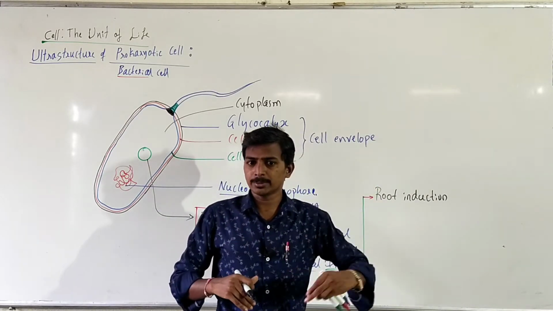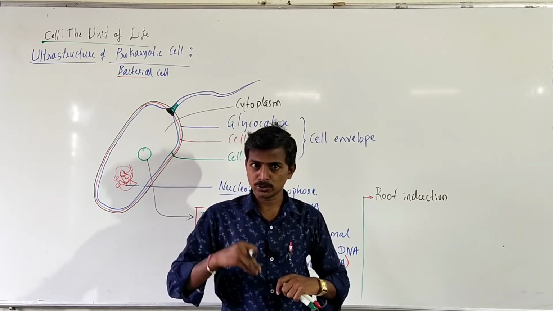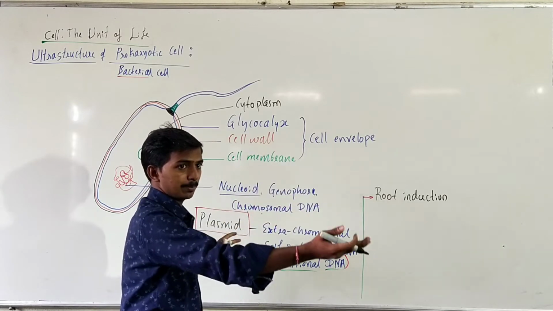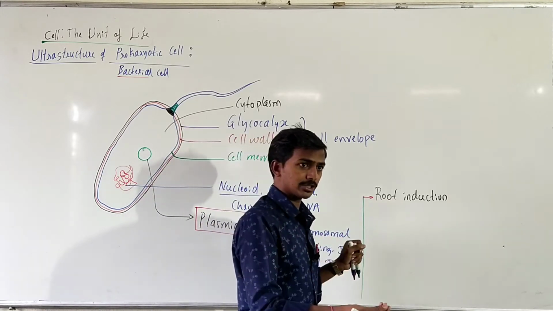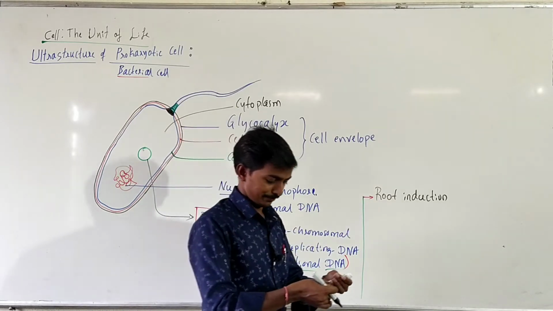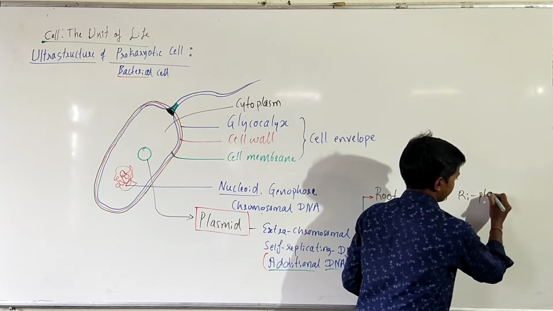If I am depending on somebody else, he is called host, I am called parasite, pathogen. Similarly here, when the bacteria wants to infect some plants to cause the root induction, the plasmid helps in the root induction. Such plasmids are called as RI plasmid.